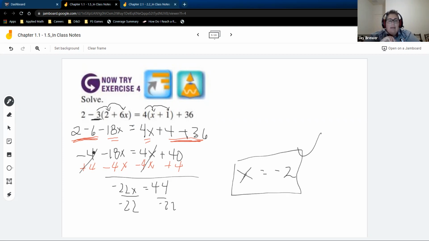Sometimes you could drop a sign, sometimes you could lose a variable. So you always want to do your check with the original equation. You kind of want to think about it like keeping with the OG, right? So original equation. You don't want to go with the second step or any other step. You always want to go with the original equation, and that's where you want to do your check.